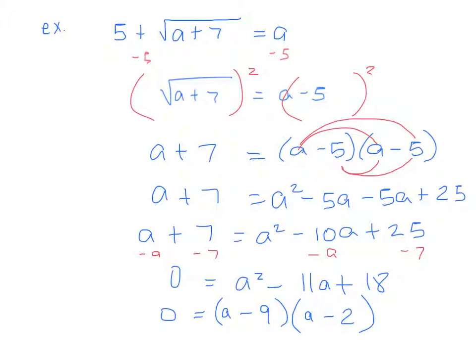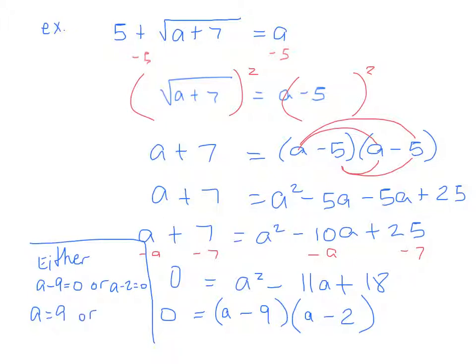So let's write that down. Either a minus 9 is 0, or a minus 2 is 0, which means that a is 9 or a is 2. And if we do a check, we'll see that both of these work.